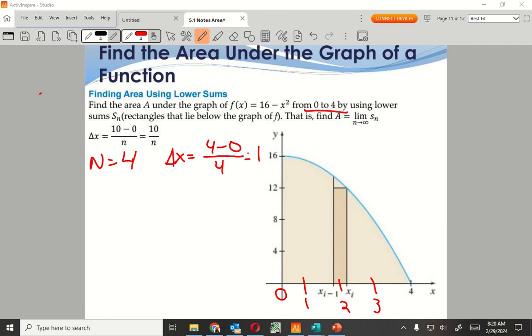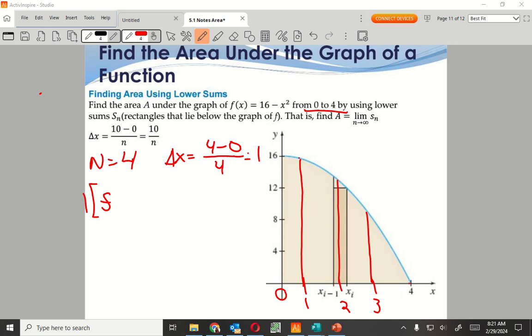So draw the rectangles. And this is from lower sums. That means it is the lower end of each one of my rectangles. So from my formula, I'm going to have 1 on the outside, f of... let's see.